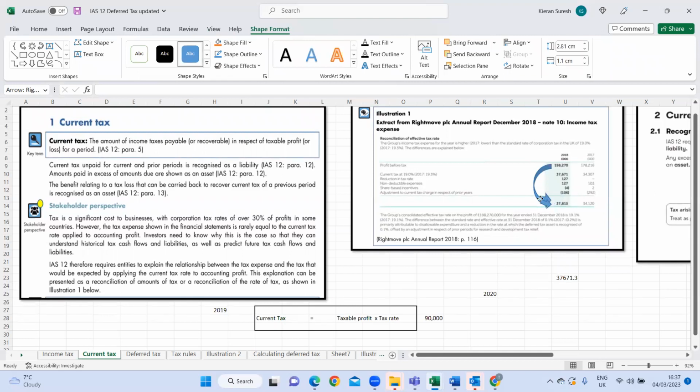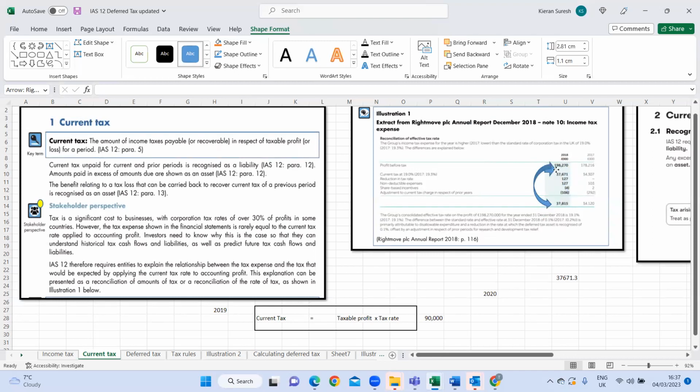The reason is that there are certain adjustments we make to convert the accounting profit into taxable profit, and these include non-deductible expenses. Some expenses are disallowed, an example being depreciation. We make all those changes, and the tax is computed on that profit.